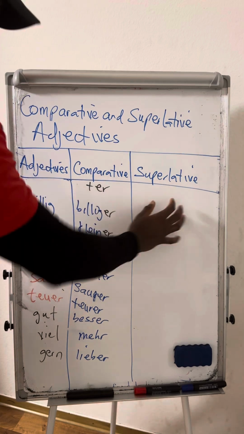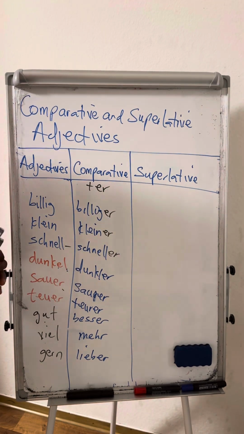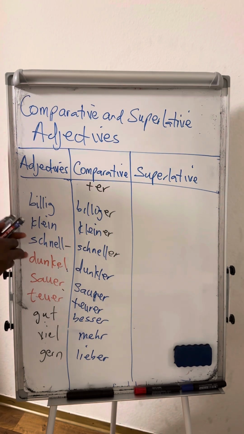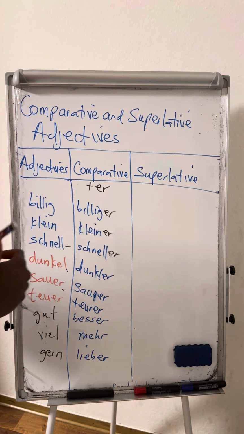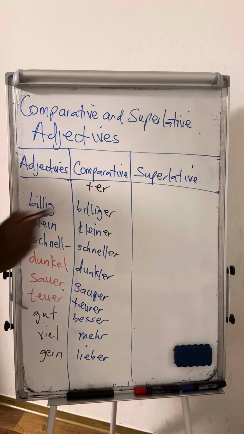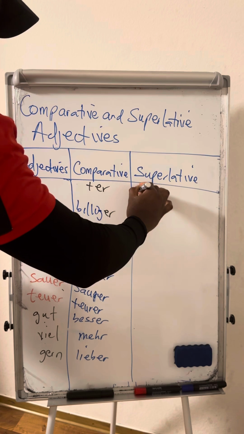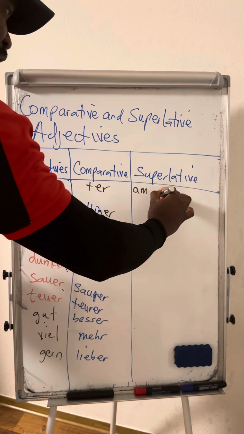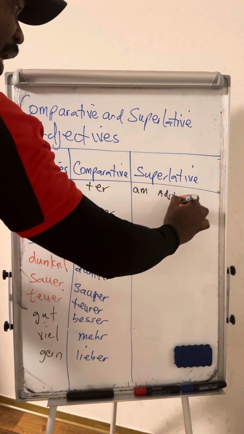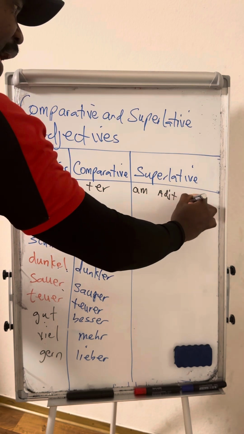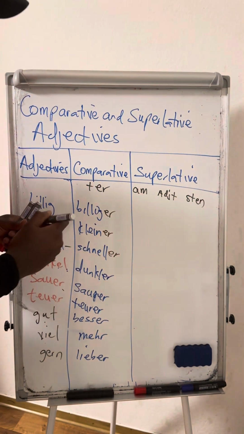Now, superlative. Superlative is the highest form of comparison. And in German, to form the superlative of an adjective, the formula says you write am, then the adjective, and then you add sten at the end.